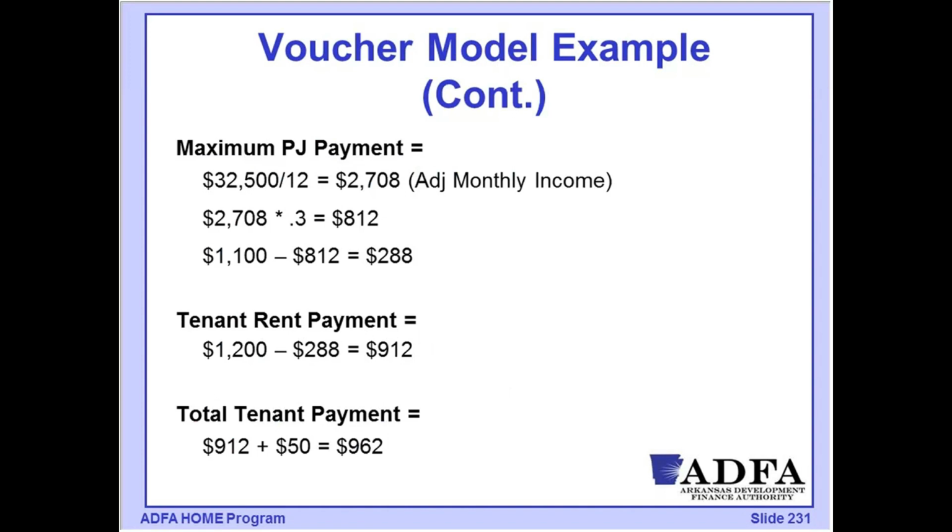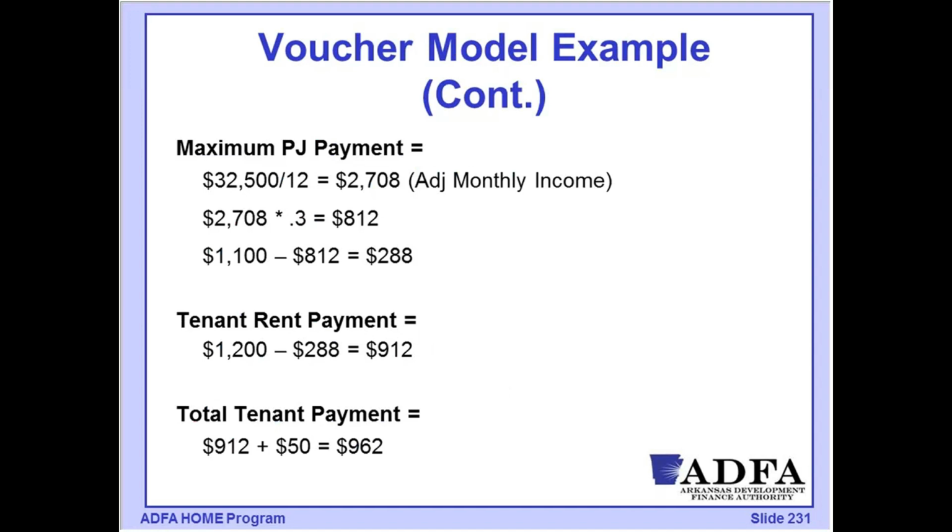In this case, that tenant has chosen a more expensive unit. So when we back out the $288 benefit, this household is actually going to pay $912. That's more than what 30% of their household income would be, and we said that that's allowable as long as it doesn't exceed 42% of their household income.